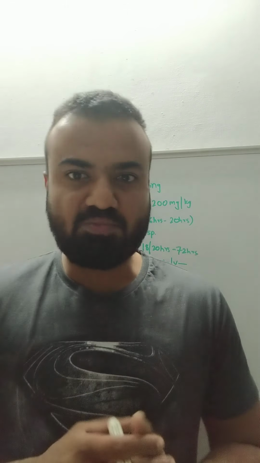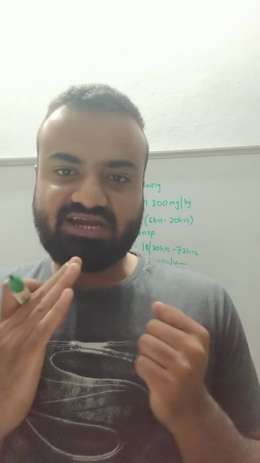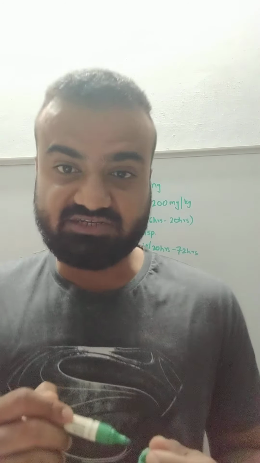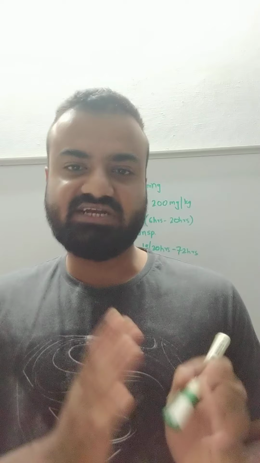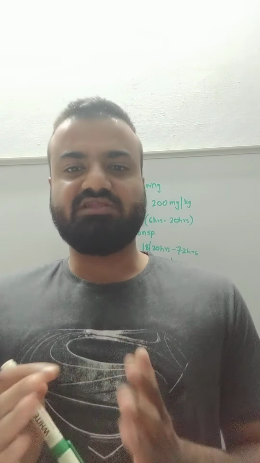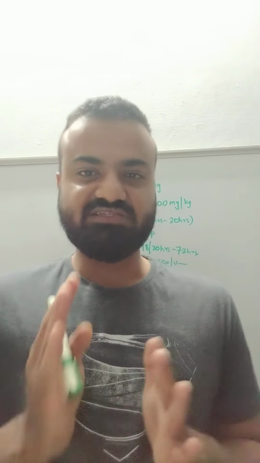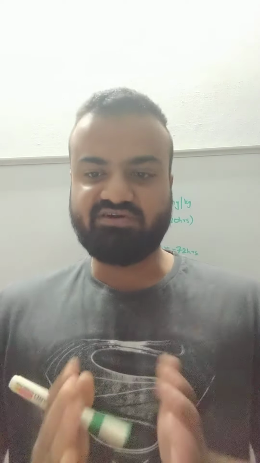Now we'll discuss some more MCQs: what is hyperacute hepatic failure? These are signs of hepatic failure that occur within 1 week. Soon I'll have a lecture on hepatic failure, so we'll see the clinical features and definitions then. But now remember that if there is hepatic failure within 7 days, it is called hyperacute liver failure.